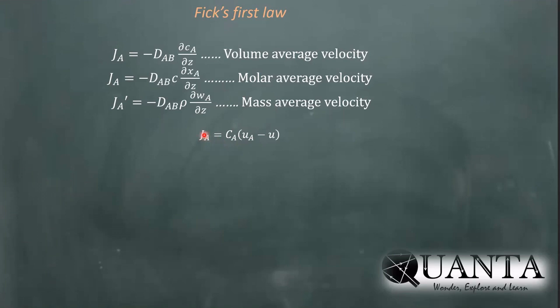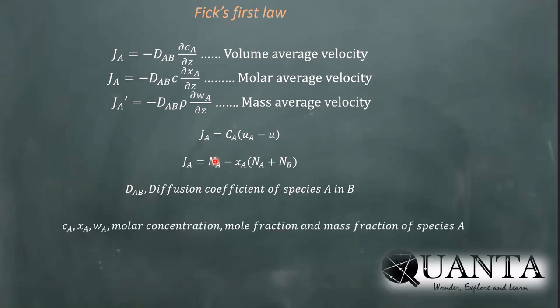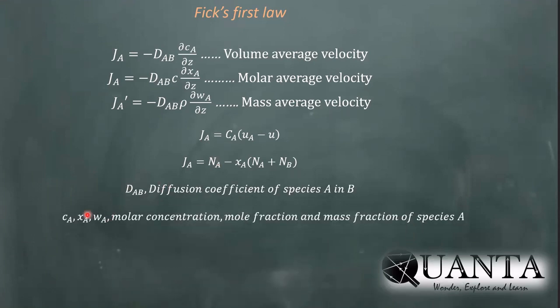So here is the flux based on molar average velocity. We know how we had derived this. We can write it in terms of the absolute flux, N_A, of component A. The absolute flux is just the flux taking into account the velocity of component A with respect to a stationary observer. That's the diffusion coefficient here.